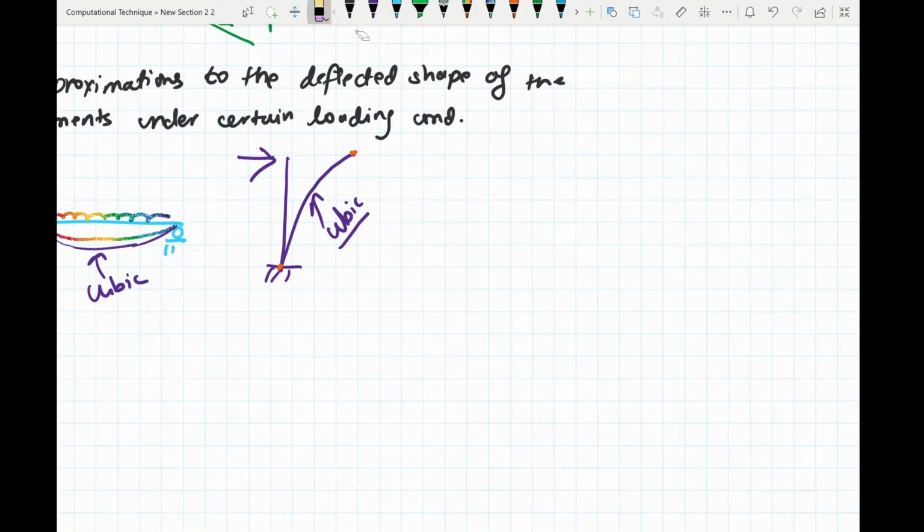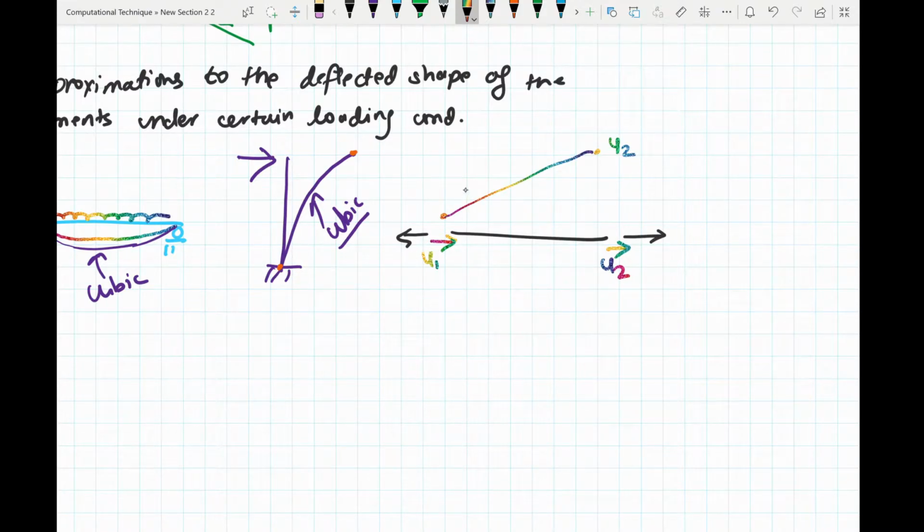For example, you can have a bar element like this with loading. You can have displacement in these directions like this. Let it be u1, u2, then u1 you can have it here, and u2 you can have it here, and this may be your shape function. Here the displacements are in horizontal direction, but I have just plotted in the vertical direction just to show you that it is linear.